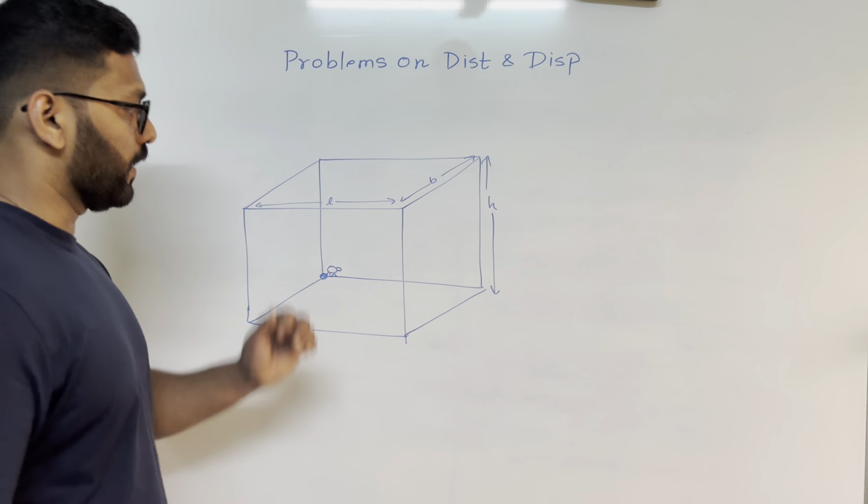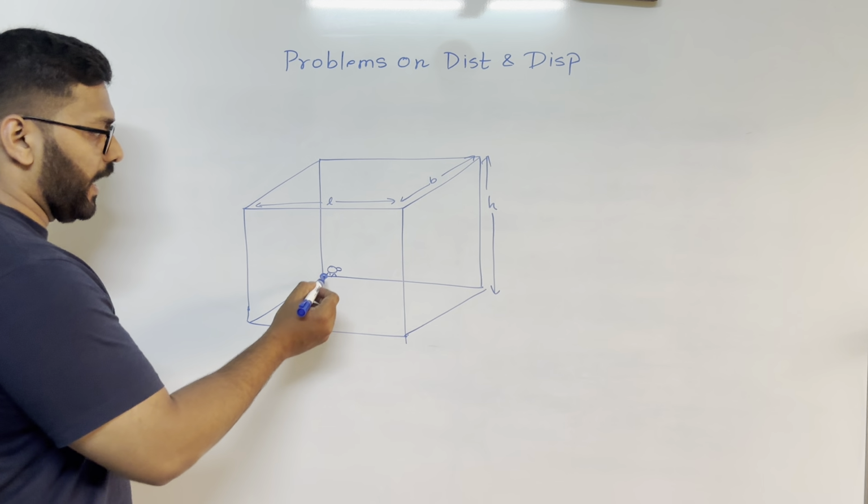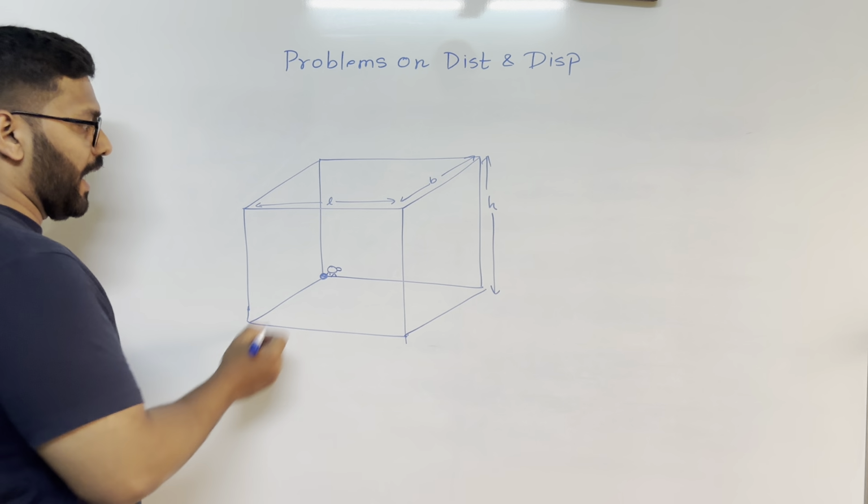Let's say we have an ant or a bug, and that ant is at this corner of this cuboid room.